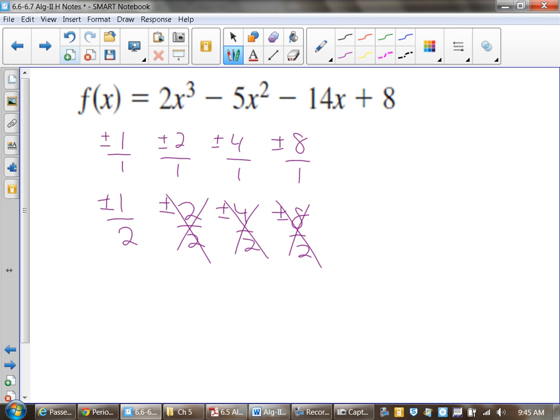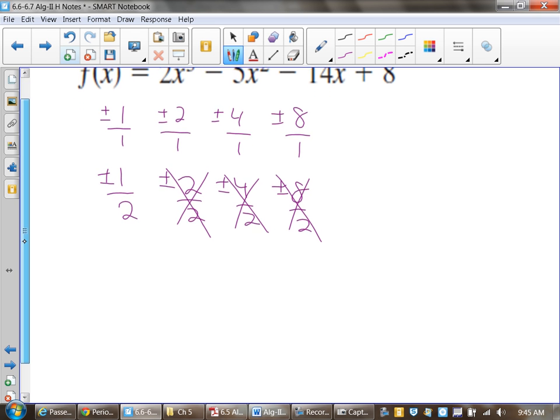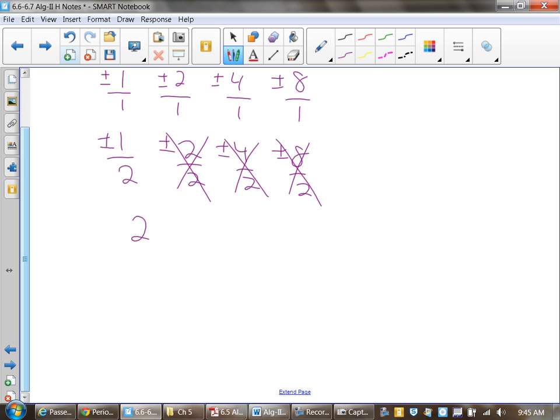So, pick one to start with. Does it matter where you start? So we have 2, negative 5, negative 14, and what was the last one? 8? Was it positive 8 or negative 8? Positive 8. So again, start with 1.